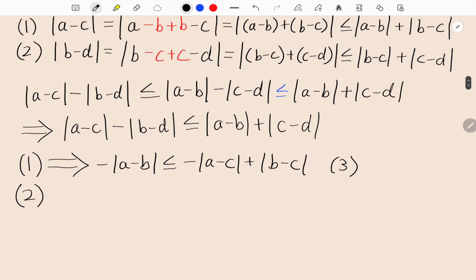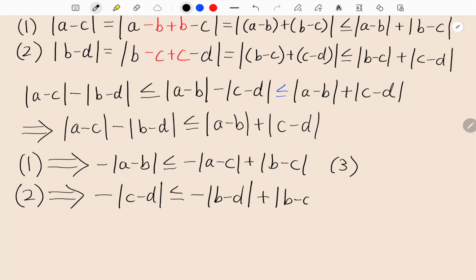And then in inequation 2, I manipulate and get negative absolute value of c minus d is less than or equal to, if I stay consistent, negative absolute value of b minus d plus the absolute value of b minus c. Essentially I move this part to the right-hand side, and this part to the left-hand side. So that's why there's a negative sign here, and here there's also a negative sign. So this will be inequation 4.